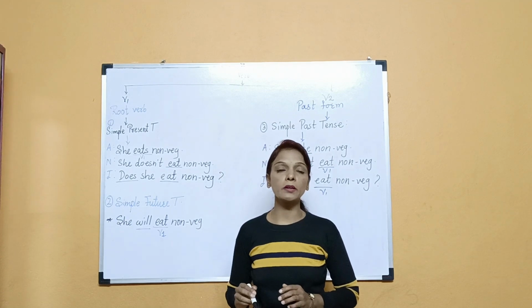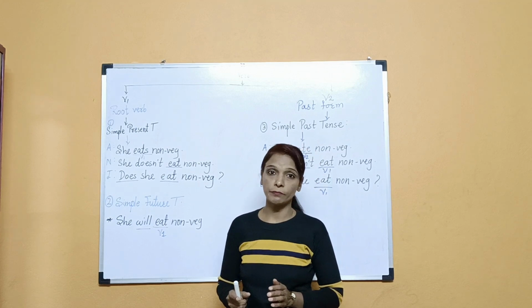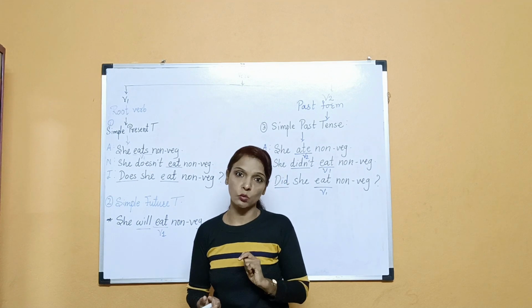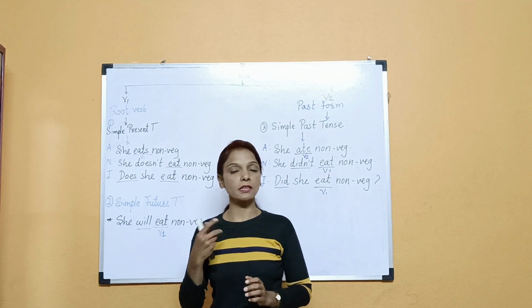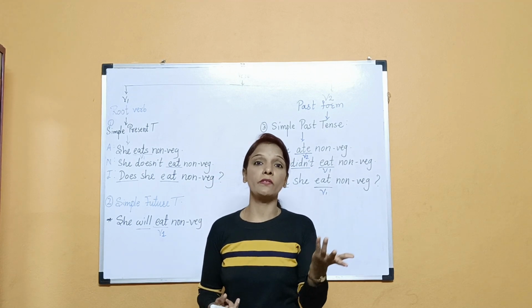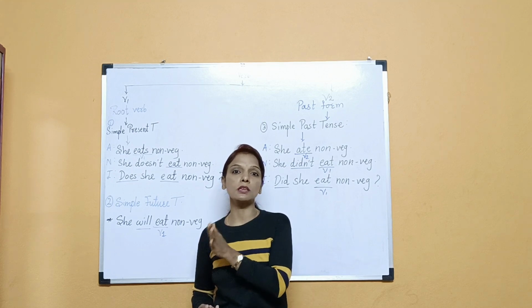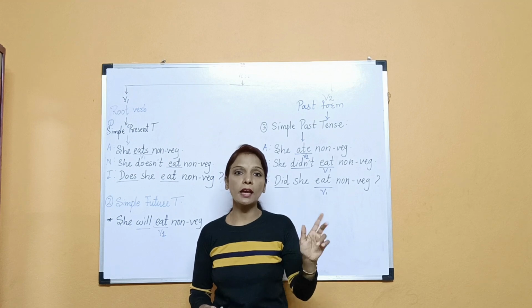But for singular person, we have to add s or es. We can call this the V5 form also. But most of the time, school students get confused. What is the V5 form? V5 we are using in simple present tense for he, she and it.